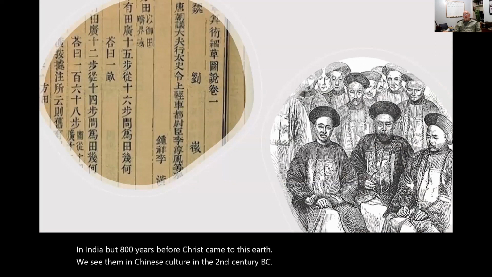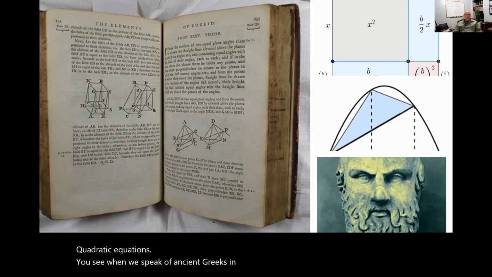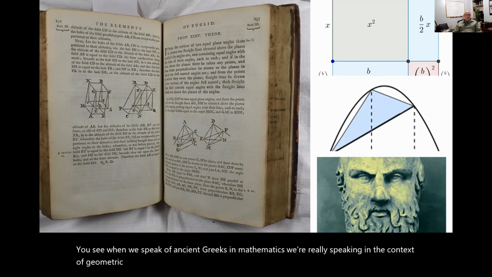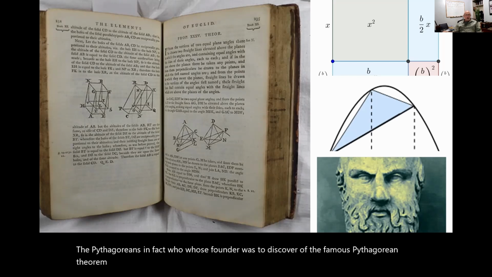But perhaps the Greeks were more instrumental in developing quadratic equations. You see, when we speak of ancient Greeks and mathematics, we're really speaking in the context of geometric representations. The Pythagoreans, in fact, whose founder was the discoverer of the famous Pythagorean theorem, literally turned trigonometry into a religion.